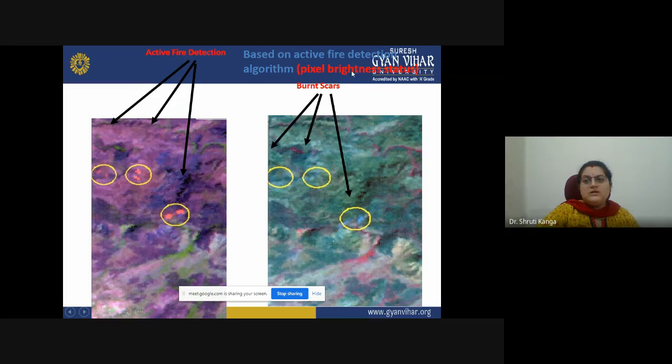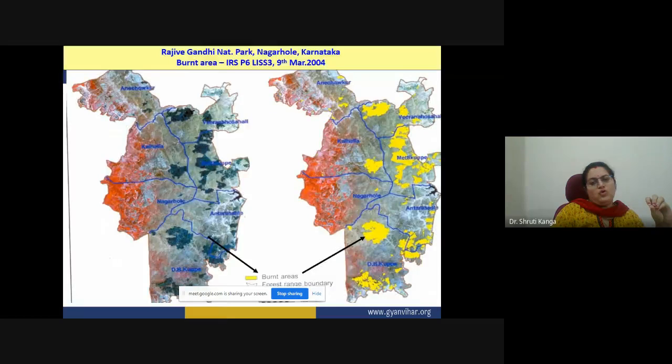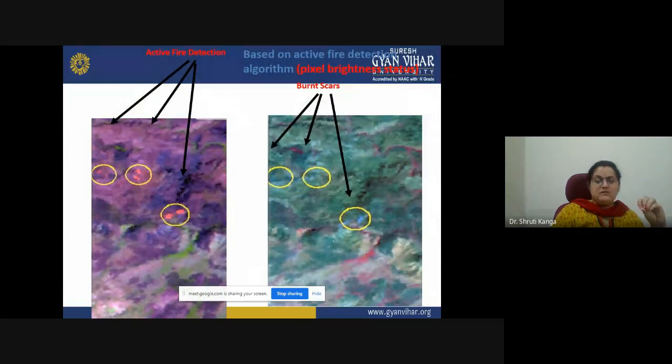Okay, so pixel wise brightness values, on the basis of that we can also go for the analysis of burnt area scars. How much area was there under the burn, on the basis of pixel value brightness detection. Obviously wherever there is a burn activities took place, there will be brighter patches of pixel values.